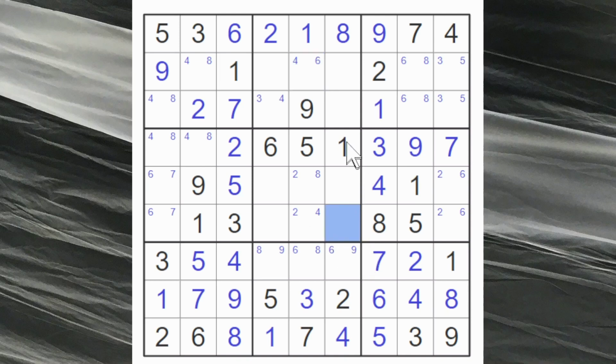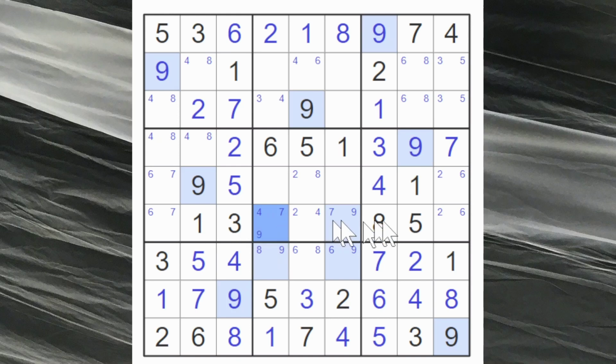This square cannot be a 1, 2, 3, 4, 5, 6. It can be a 7 and it can be a 9. This square cannot be a 1, 2, 3, can be a 4, cannot be a 5, 6, it can be a 7, but not an 8, but it can be a 9.